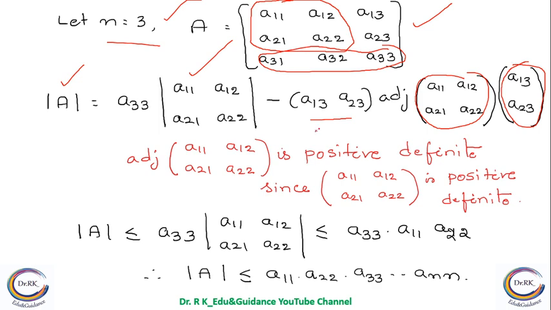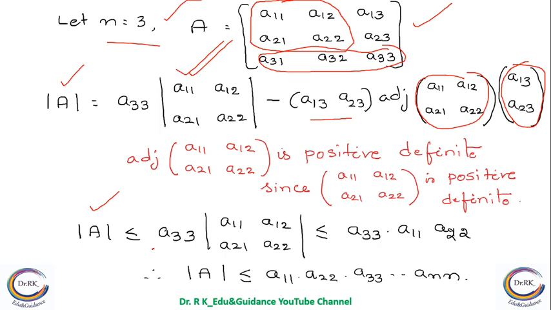The reason is that we already have a clue in terms of this, and whenever the matrix is positive definite, its adjoint is also positive definite. That helps us here. So det of A is less than or equal to A33 into this determinant, based on the previous discussion, which is nothing but A11 A22.